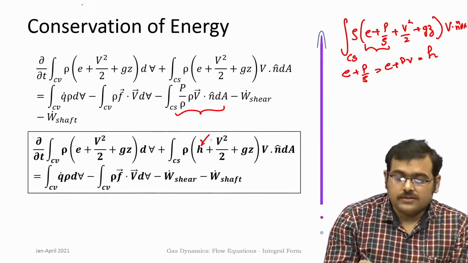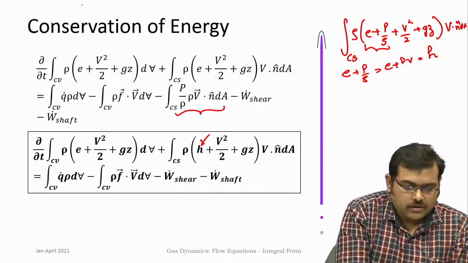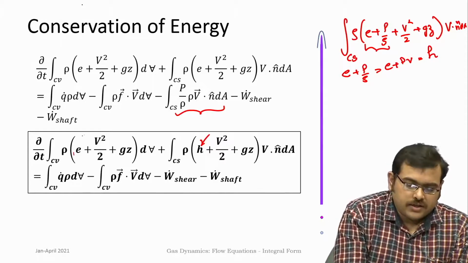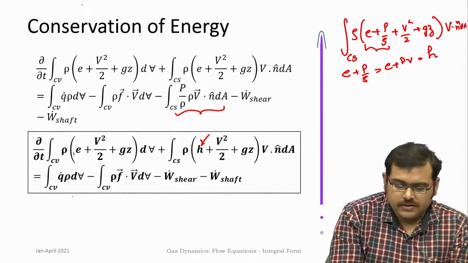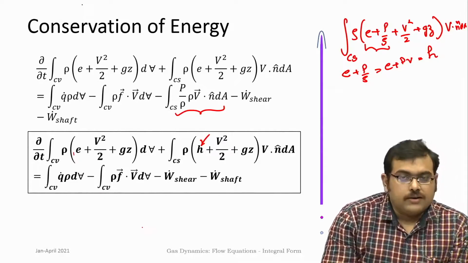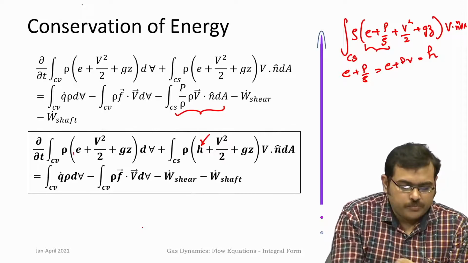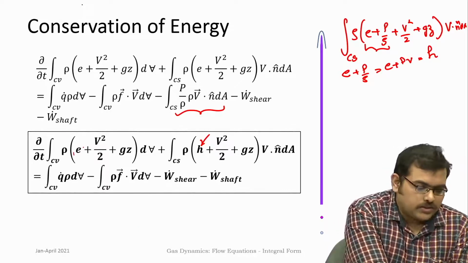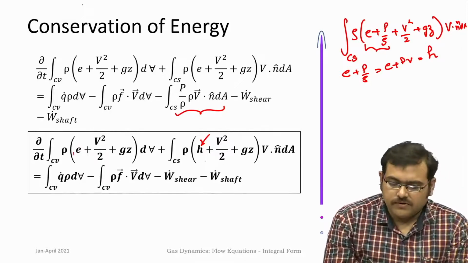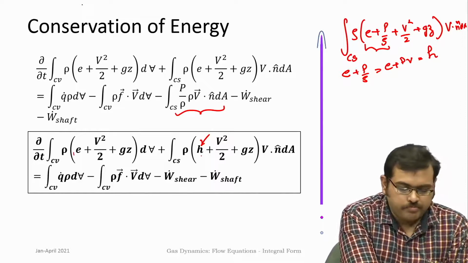Please note that this is coming in the fluxes, and it is not there in the rate of change within the system. If this also needs to be considered, additional terms will come on the right hand side. This is the rate of change within the system. Here it is E, which is the internal energy, but for the fluxes you can consider the enthalpy.